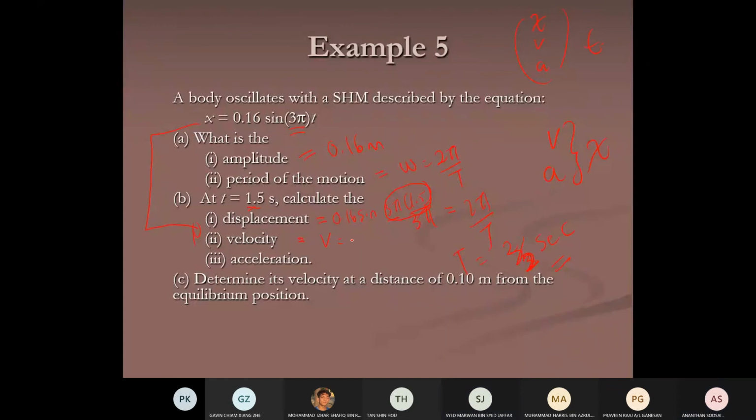V equals, you differentiate sine, you get omega x naught cos omega t. This is the formula you should use. So key in all the values: V is omega x naught cos omega t. Key in omega, key in x naught, cos omega t. What's the velocity you got?